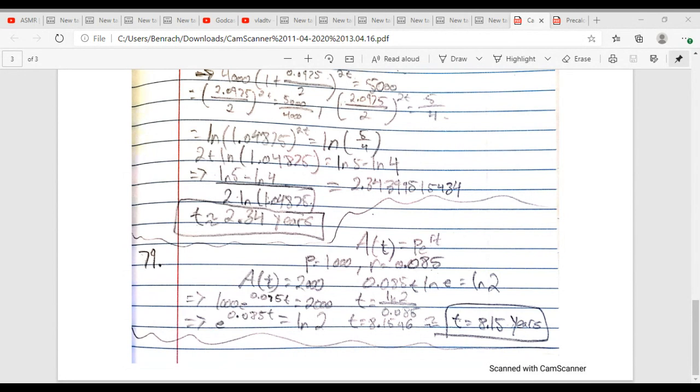So you put all these knowns into the formula and solve for t. To solve for t, you take ln on both sides. So then 0.085t equals ln 2. You use the calculator, and you find t is a little more than 8 years.